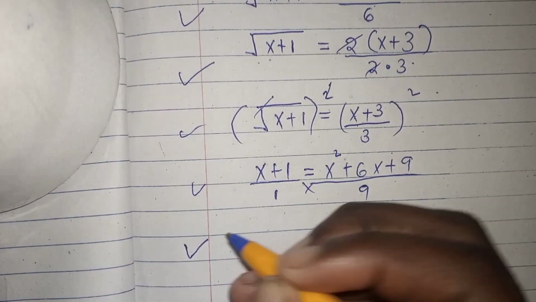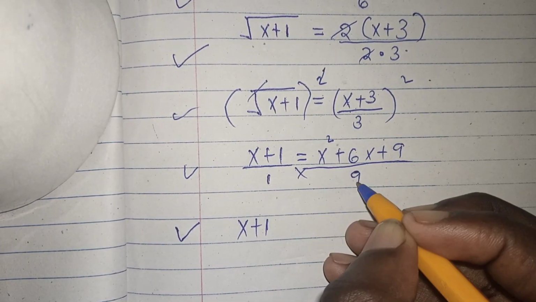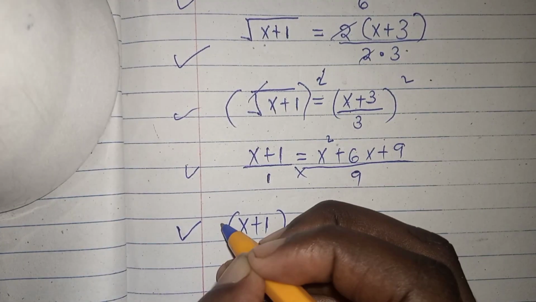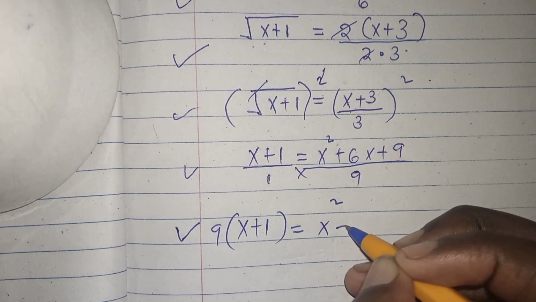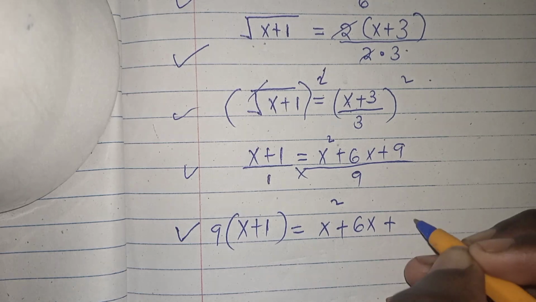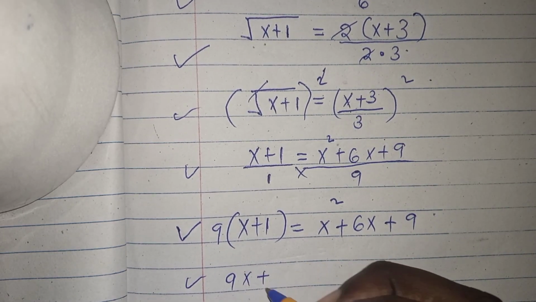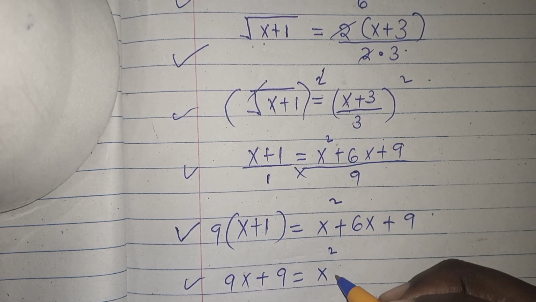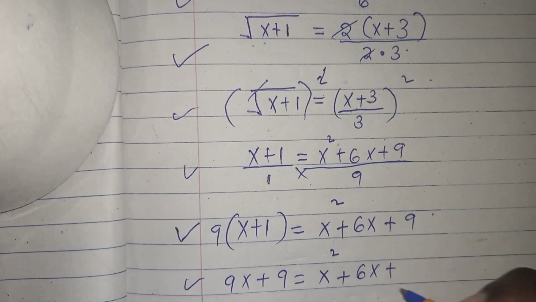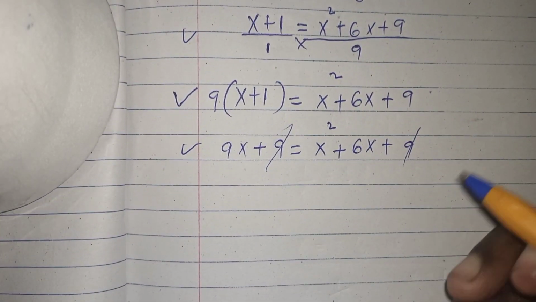So let's do that. x plus 1 times 9 is equal to x squared plus 6x plus 9. So this is 9x plus 9 is equal to x squared plus 6x plus 9. So this 9 will cancel with this 9.